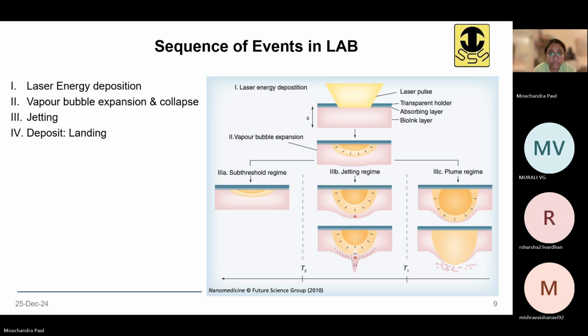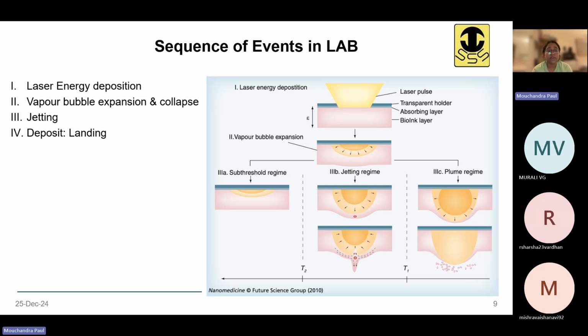You can see they have defined this entire region from 3A to 3B using gamma 2 and gamma 1. So these are threshold values. You have to cross this minimum threshold, gamma 2, to get into the jetting region, but you have to stay within gamma 1 to remain in the jetting region.